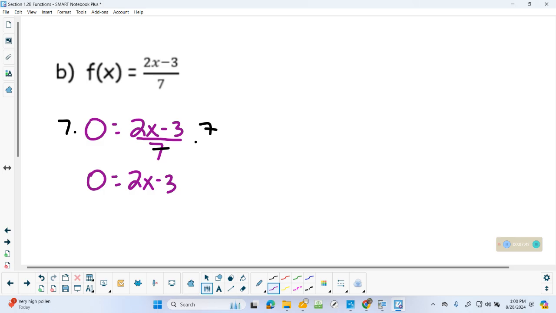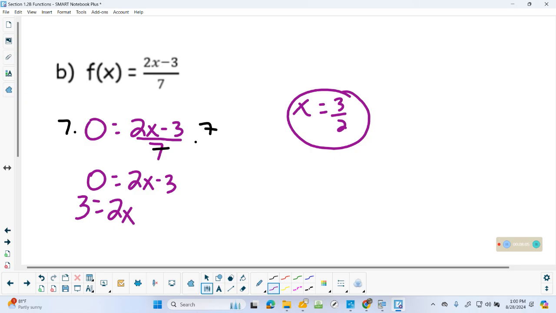Because think about a fraction. For a fraction to equal 0, the top has to be 0. 0 over whatever, 0. I would have gone straight to this, personally. Add 3, divide by 2. We're going to have 3 over 2. Which, again, is our x-intercept, since we have 0 for y.